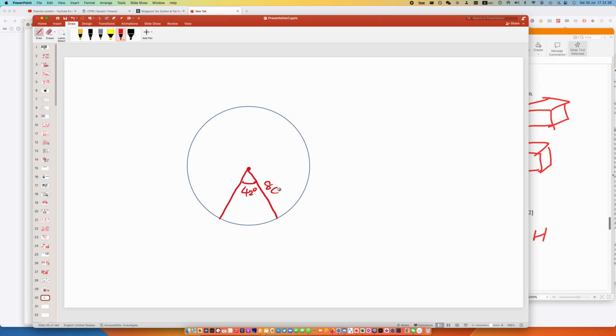This is the arc, right? The radius. So how do you get the area of this? You just ask yourself, 42 out of 360 degrees, what is the fraction of this pizza slice of the whole thing?